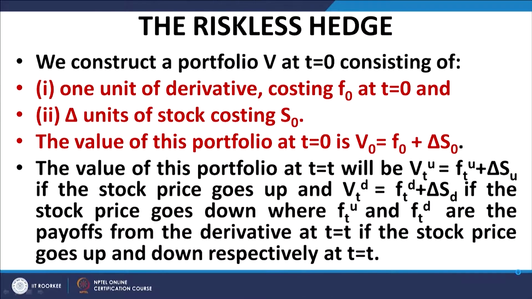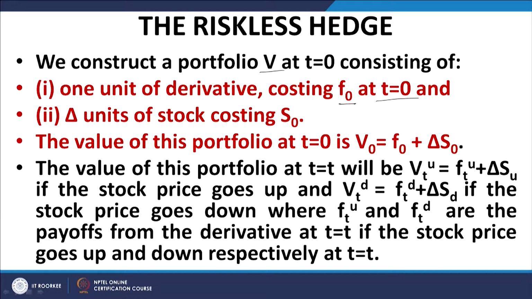Now, what do we do? We construct a portfolio consisting of one unit of the derivative, let the cost of the derivative be f0 at t equal to 0. We are constructing this portfolio at t equal to 0. This portfolio is named V. It consists of one unit of the derivative and delta units of the stock.